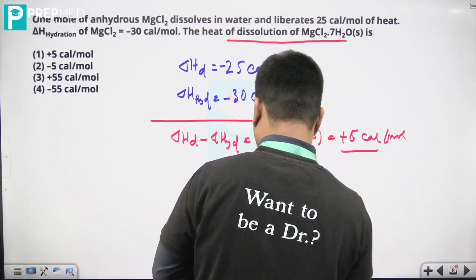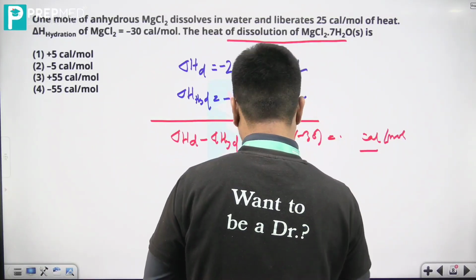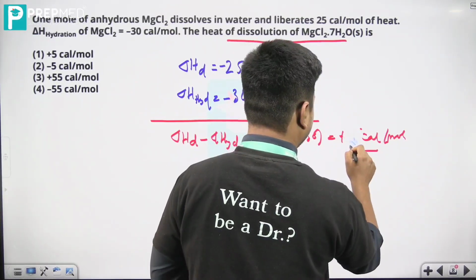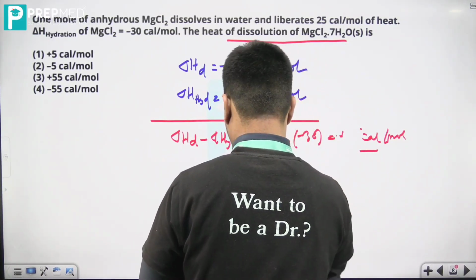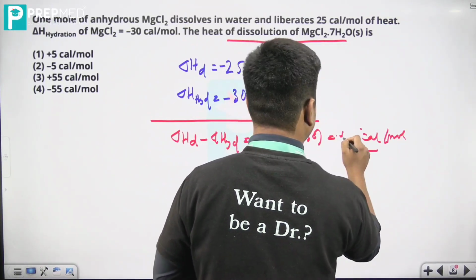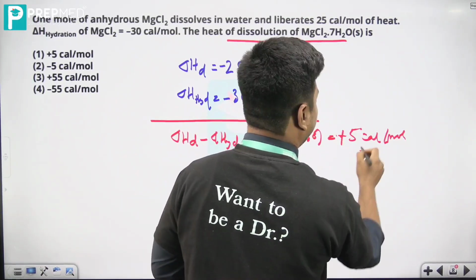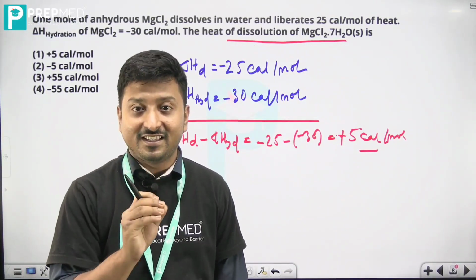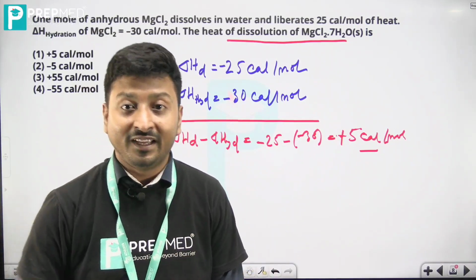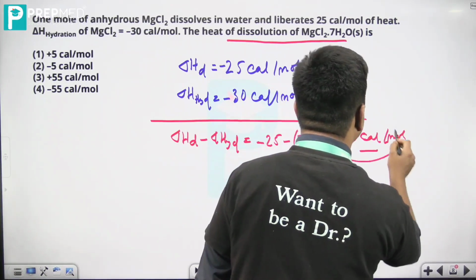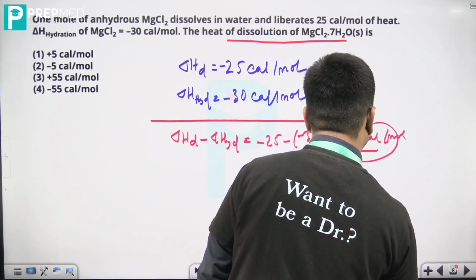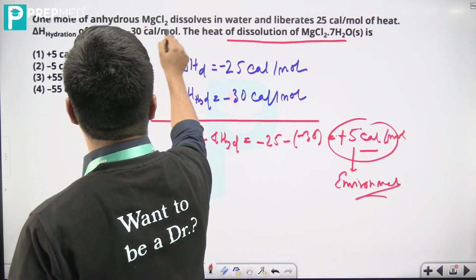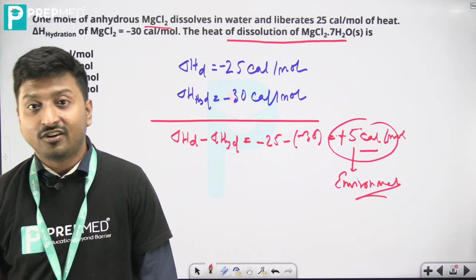That means what? +5 कैलोरी पर मोल. इसका मतलब क्या है? इसका मतलब उसे सिर्फ 5 कैलोरी एनर्जी चाहिए उसके बॉन्ड ब्रेक करके सॉल्युबल होने के लिए, and that 5 calorie it can easily access from the environment. That is why your magnesium chloride is one of the salt that can be easily soluble in water.